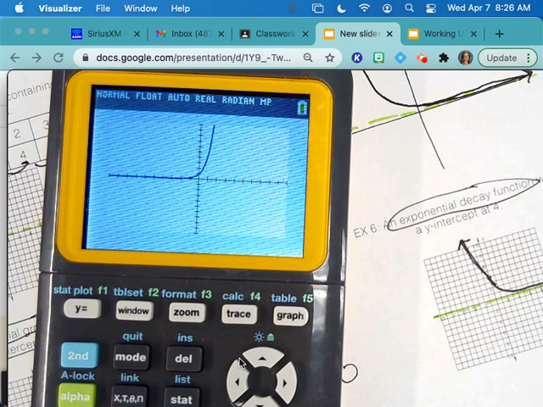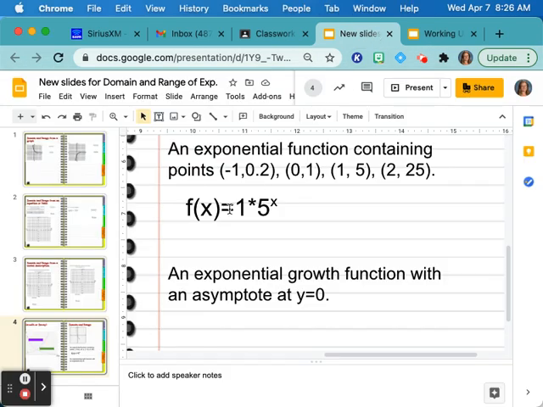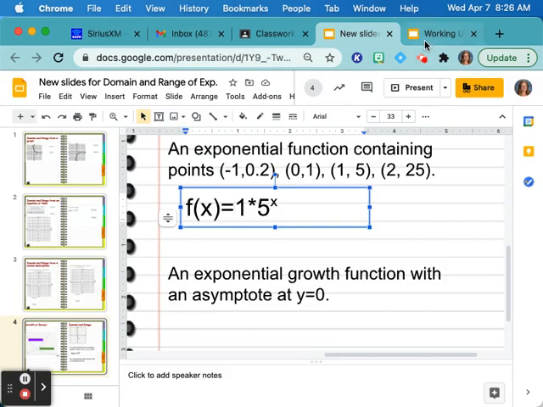So then where is our asymptote at? y equals 0. So how is that going to affect our, I was on the wrong one.